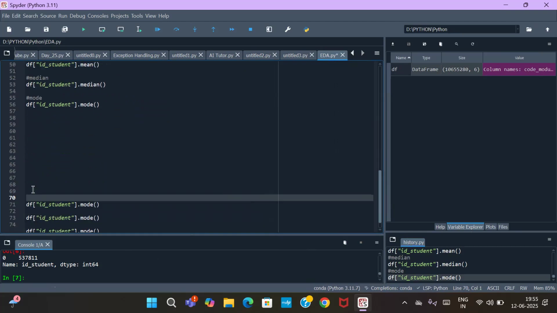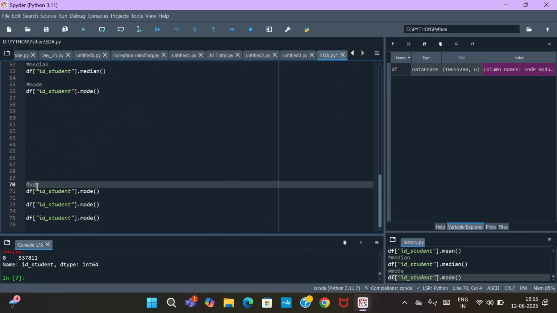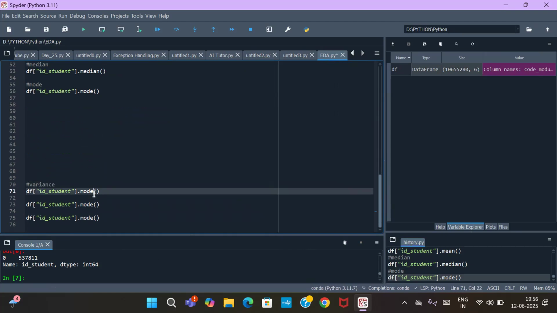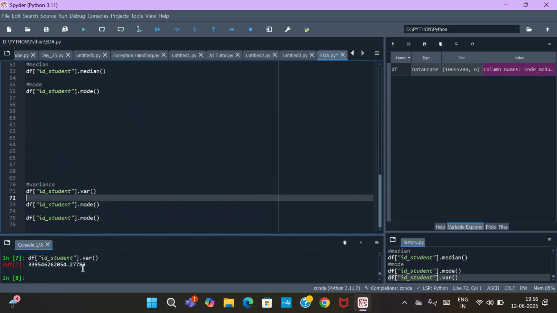Here I will just write the variance. Basically, what's the variance of this particular thing? So instead of mode, I will write here simply var. If I write var, I will get the variance. So basically, this is my variance.